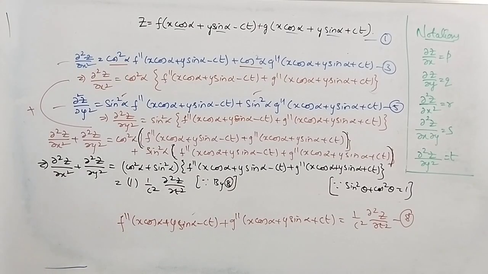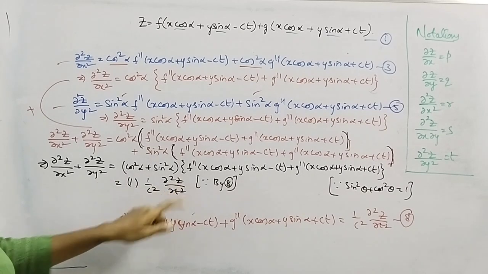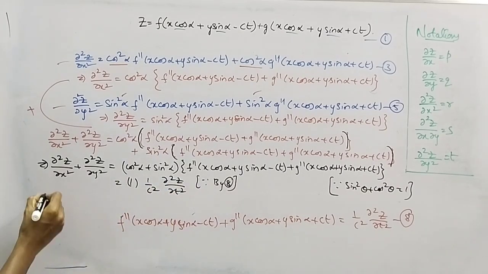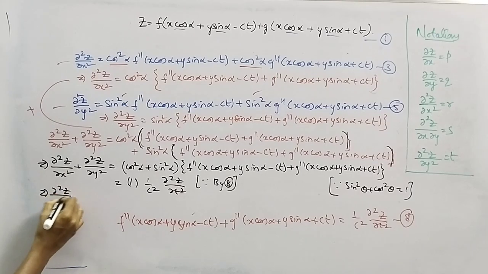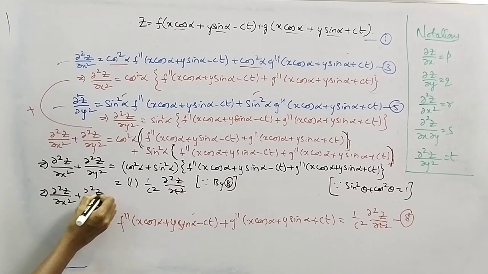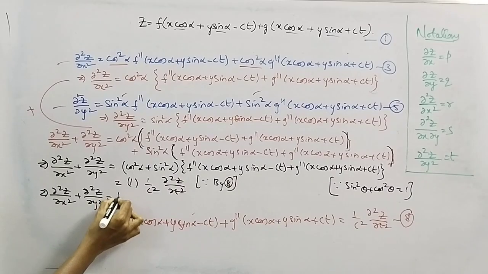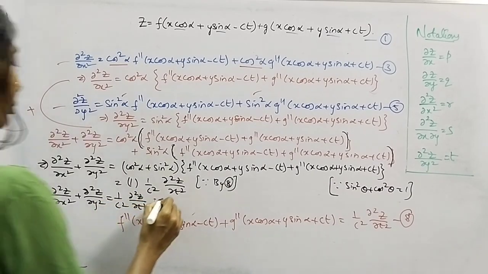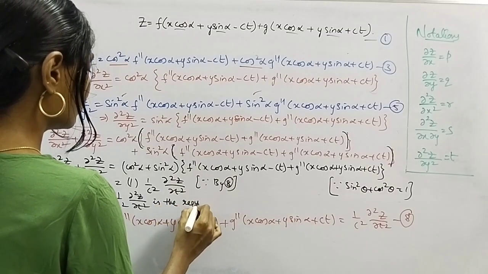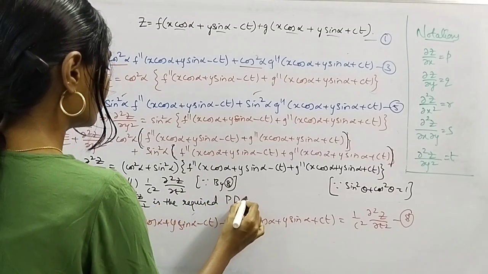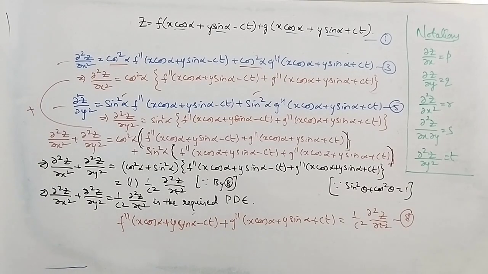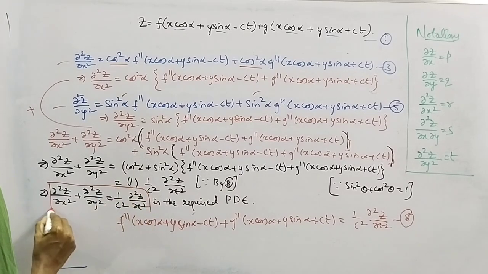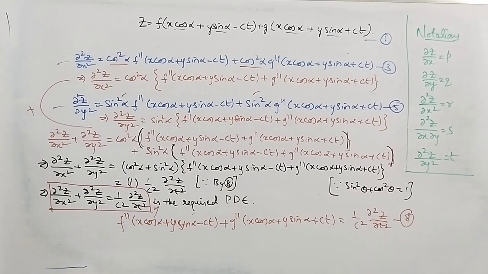So finally you'll get dou square z by dou x square plus dou square z by dou y square equal to 1 by c square into dou square z by dou t square, which is the required partial differential equation. This completes the problem.